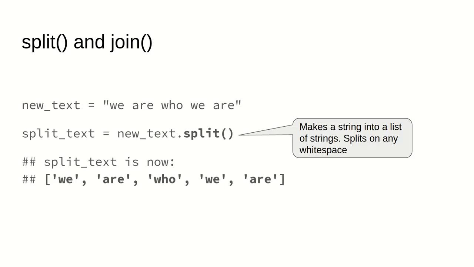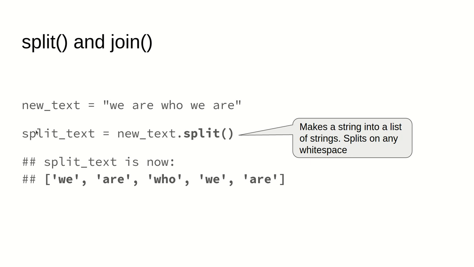Two other really powerful methods that we'll use are split and join. You'll use these quite often when you're taking input from files or input from users. So here, for instance, we have newText, which is the sentence, "We are who we are."